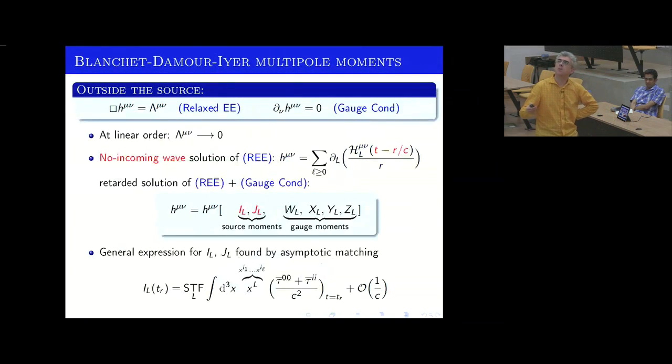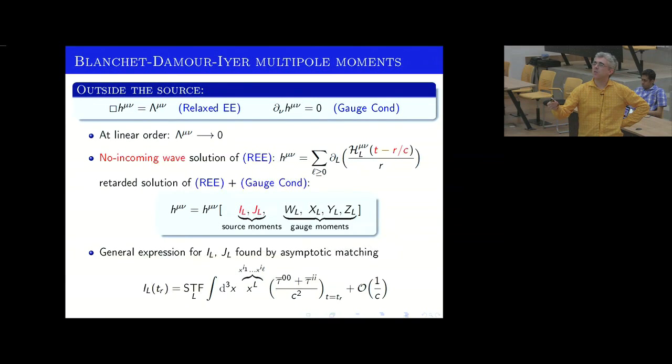It is because, actually, the Einstein equations in the vacuum become those simple equations in harmonic gauge, and at linear order, this is even box h equals 0. And we know the most general solution, which has this form, with the same multi-index notation as before. Here we put only retarded terms and not advanced terms, because we assume no incoming wave condition.